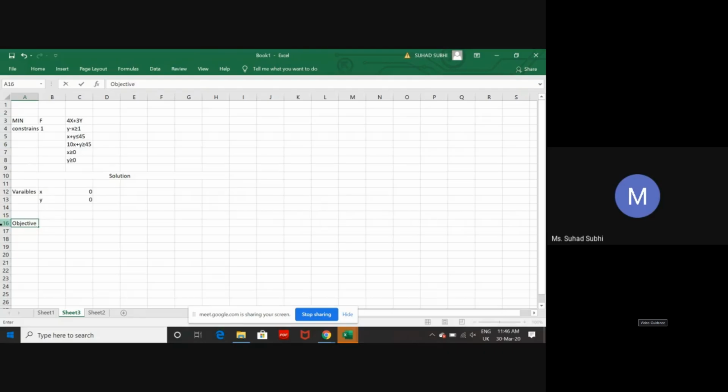We have to write it down, maximize or minimize, and here it is minimize. It is f, and we type it as an equation: equals 4 multiplied by the value of x in this cell, plus 3 times the value of y. Then enter. We're done.